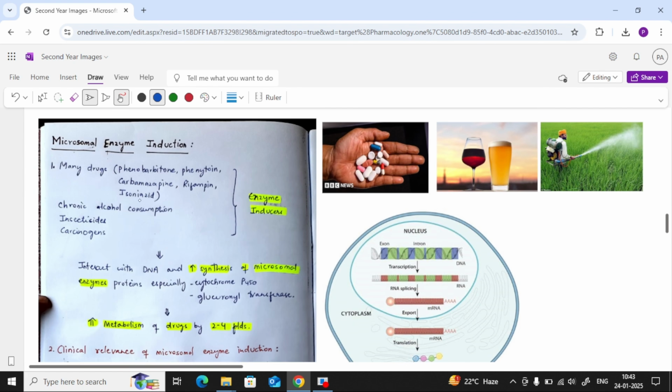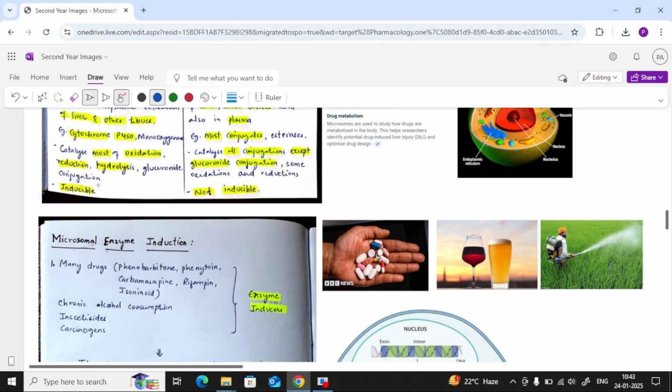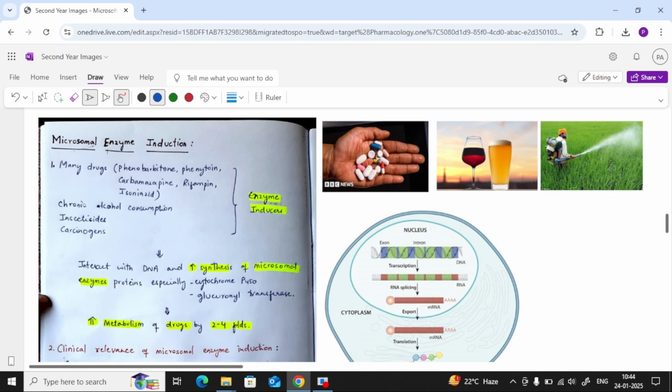When you understand this question, you will understand what is meant by inducible. So what is microsomal enzyme induction?